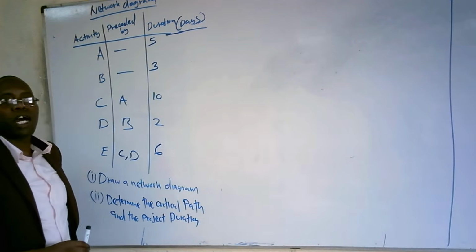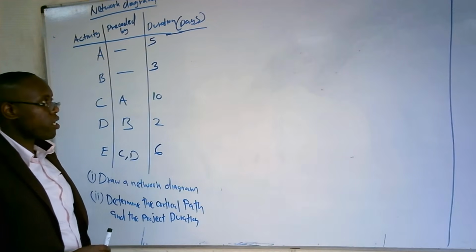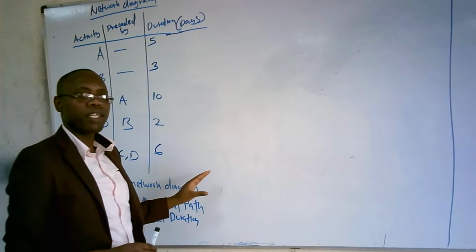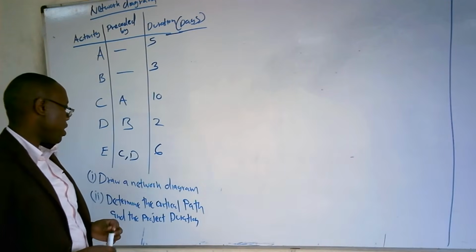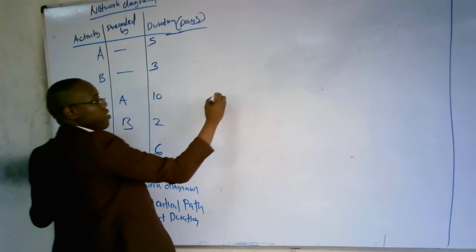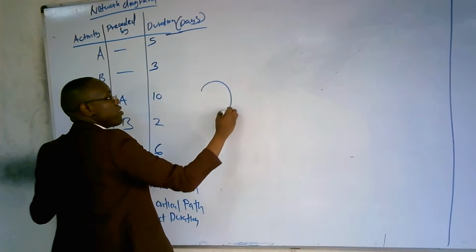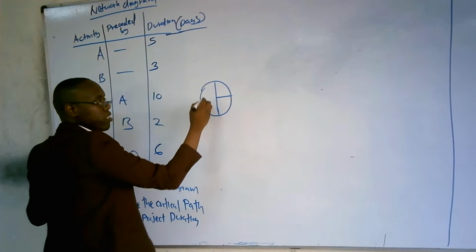So we want to see how we can draw that network diagram. In drawing this network diagram, we always start with the first node, which is node number 1.